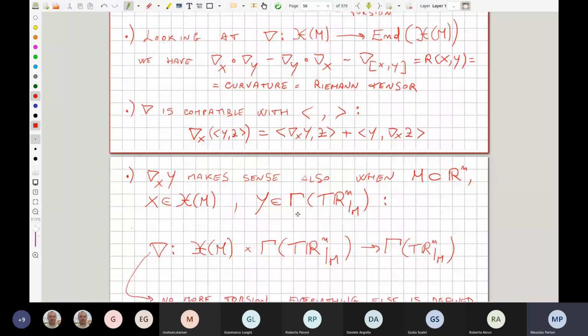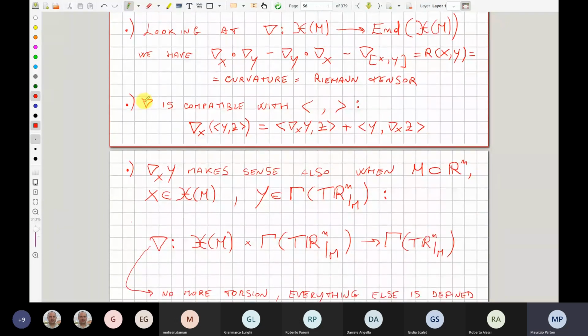Okay, then another remark for the connection in Rn is that it is compatible with the scalar product, where compatible means this. That is a Leibniz-like rule. You see here I wrote the nabla x, but as Roberto remarked, this is the same as just x or yz. Okay, here I write this to make explicit that this is a Leibniz rule.